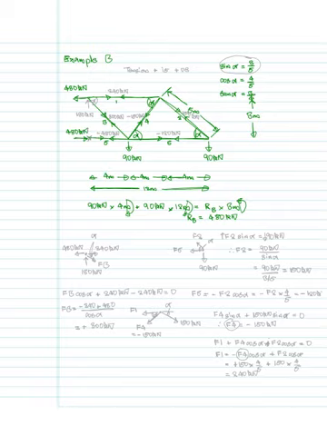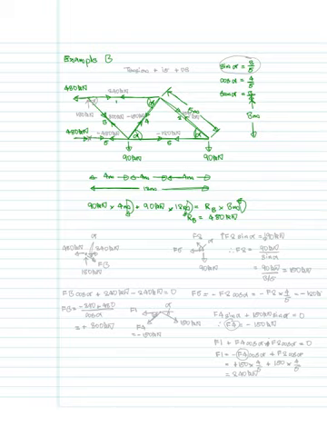Now if we look at member 5, we can see that we've got a force going from left to right of 480 kilonewtons, so that must be balanced by a force going from right to left of 480 kilonewtons.